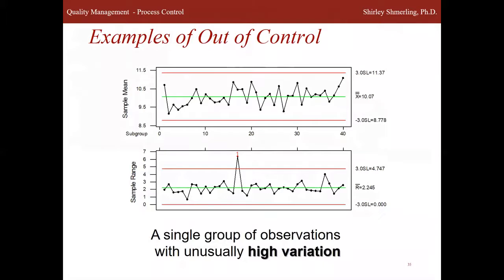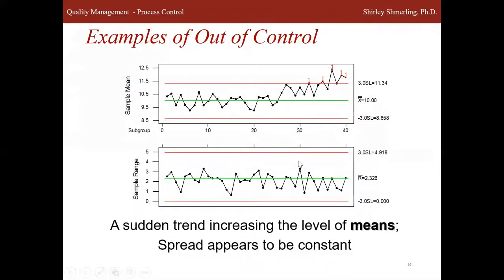If there's a single group of observations that has a higher range than the rest, then that might indicate that there was an outlier that pulled the range of the 5 samples to be higher than the rest. Again, the operators of the process can use this signal to determine the special cause of variation and address it.